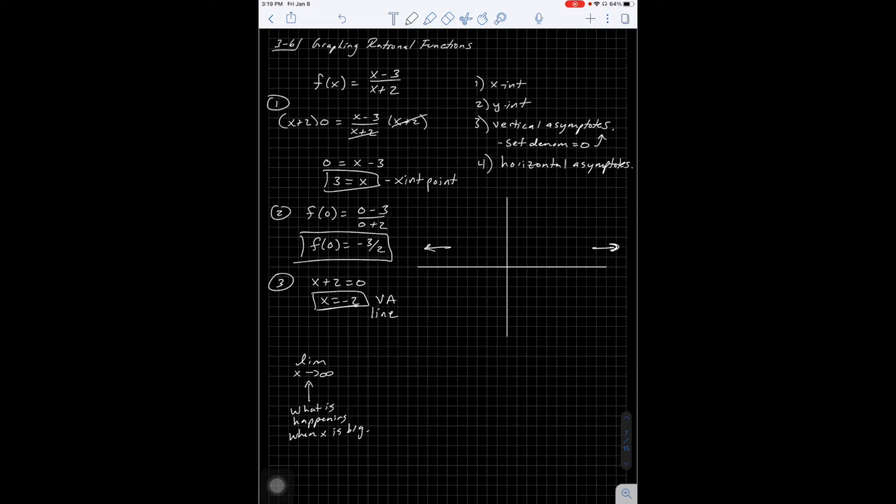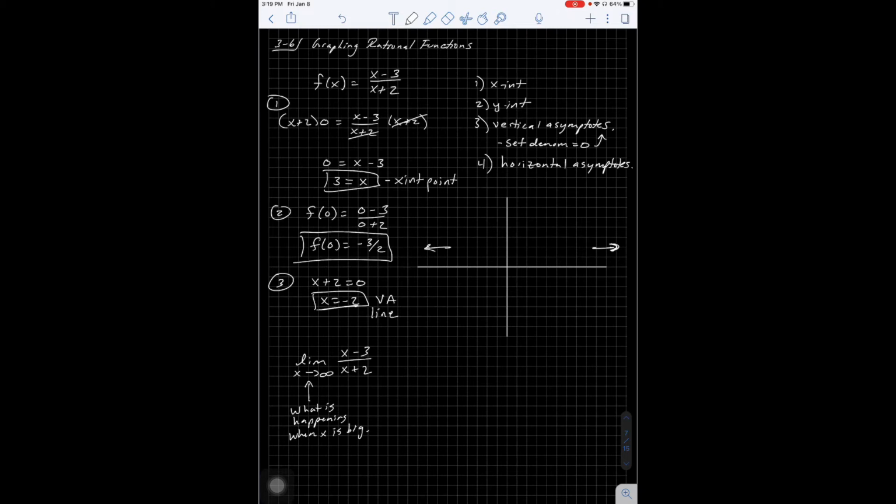So the idea is what happens when this function, and the limit always has a function that it's attached to like this, what happens when x goes to, say, 1,000,000? And the problem is that when you're adding and subtracting numbers and they're in a fraction form, it's hard to tell what happens as x goes to 1,000,000.